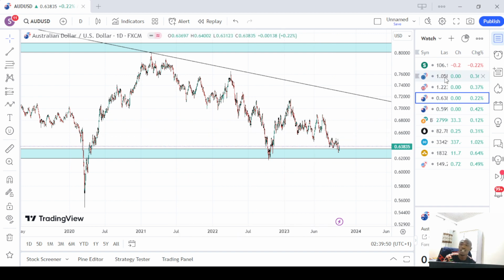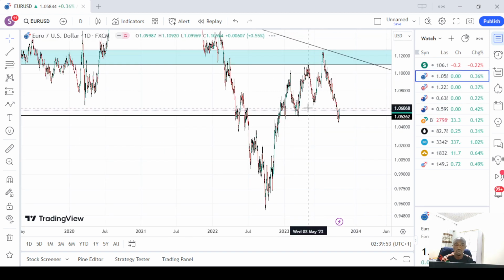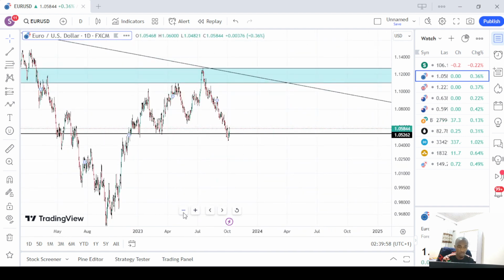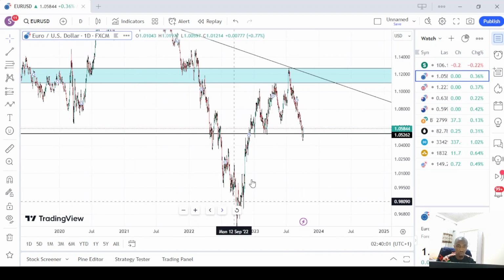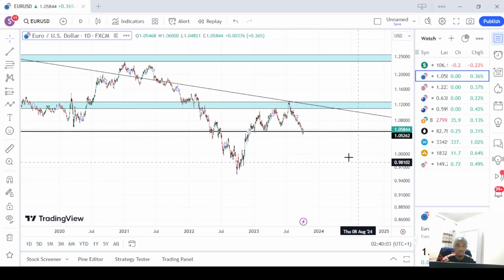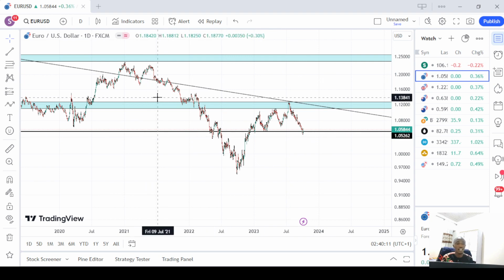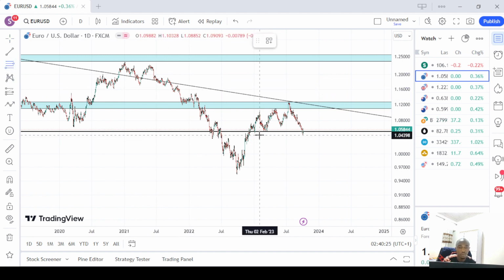And usually, let me get back to Euro USD. You can see there is a way to get most of these lows and highs. They mostly fall on Fibonacci zones, and I will do a video to show you how most of them fall like this.